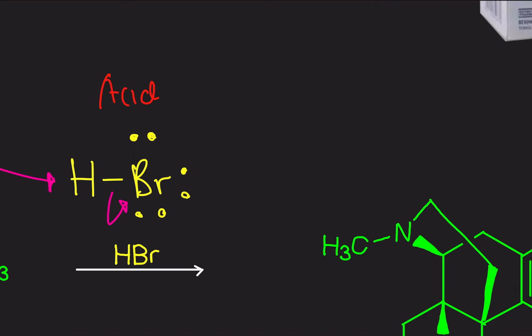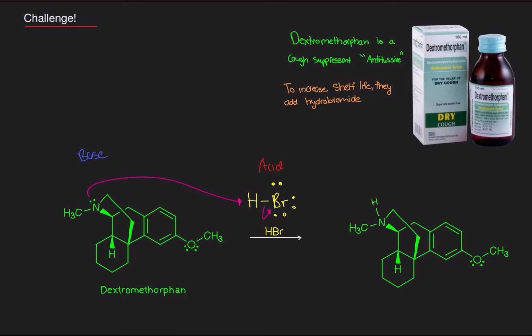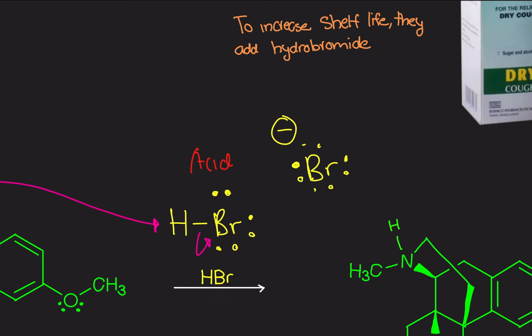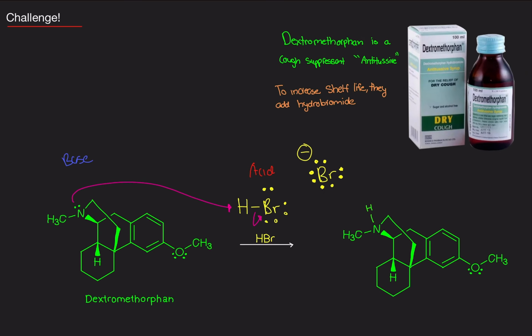And then we get our hydrogen here. Now, what about the bromine? What happens to the bromine? Well, the bromine is over here with a full octet. Like that. And it's just wandering into space, separated from everything. Right? It's happy like this. There we go.